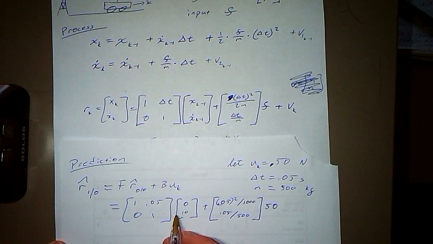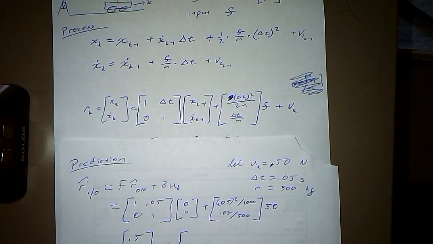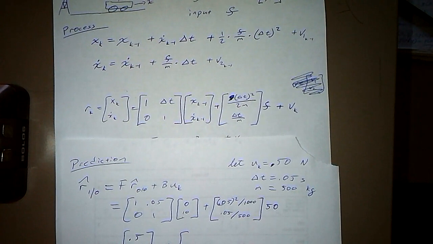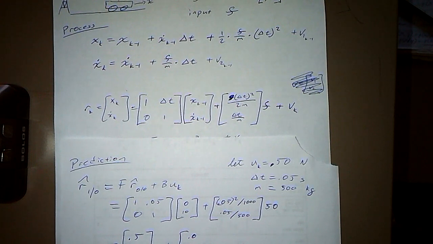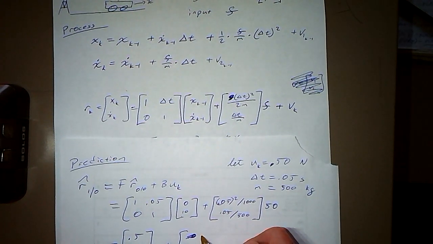So this first row is going to be 0.5 plus, well, I don't know what this is, 0.000125.